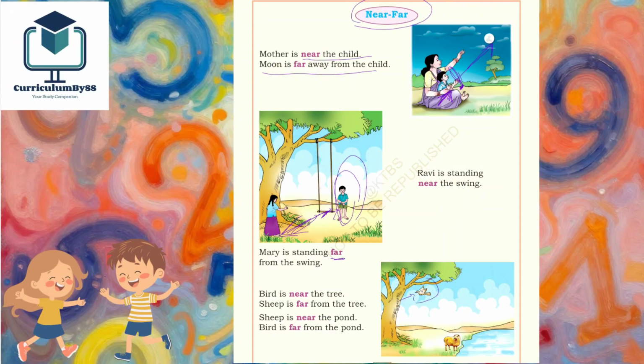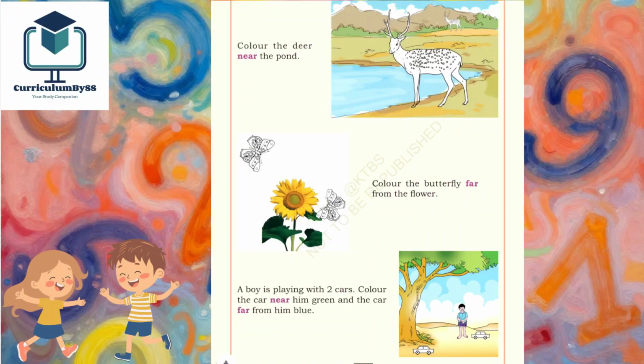So this bird is near the tree and sheep is far from the tree. Similarly, the sheep is near the pond because sheep is close to the pond and bird is far from the pond.